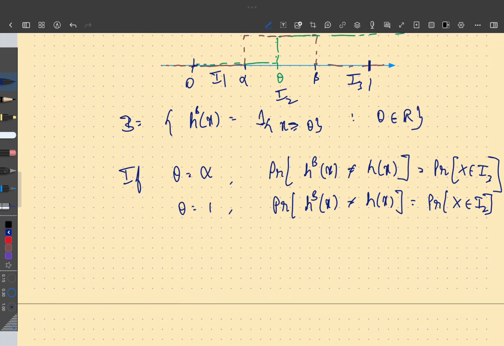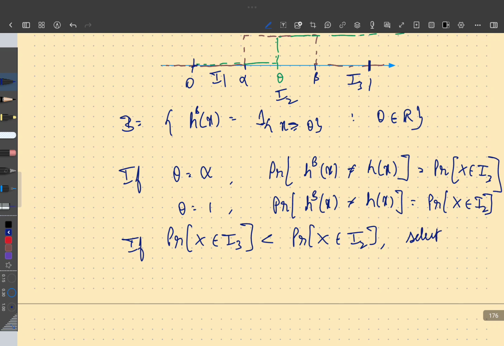So how small can the probability of error be? The claim is that if the probability X in I3 is less than the probability that X is in I2, then you select theta equal to alpha, else theta equal to 1. Suppose this is my strategy of choosing theta.